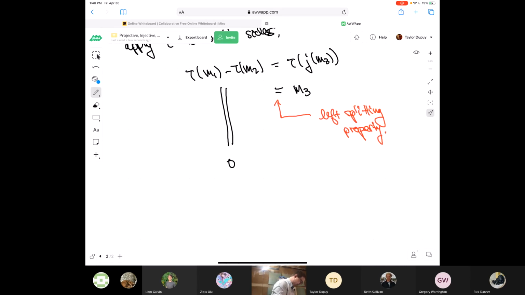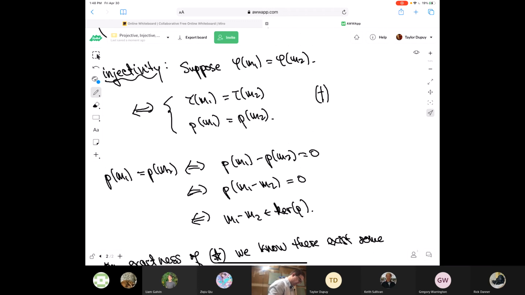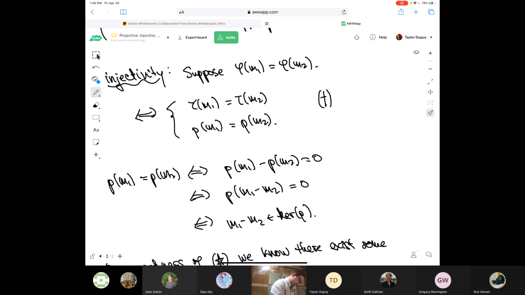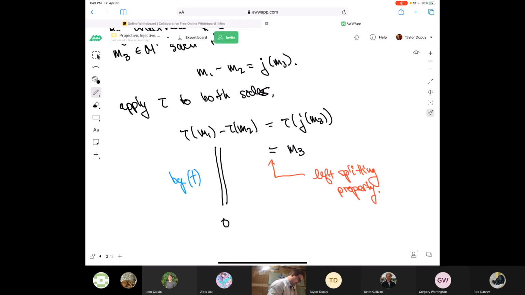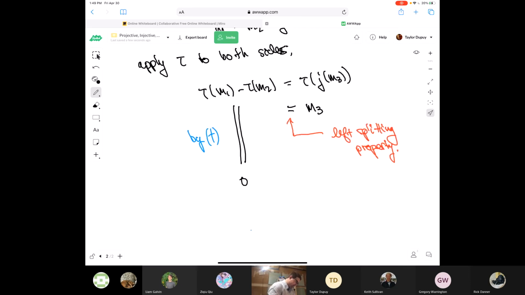So this is by dagger. Okay, so this was the other part. We get to use the other part of the equation here. So here we're using this part here. We suppose that these two things were equal, which means their tau parts were equal. So this means that M3 is equal to 0.